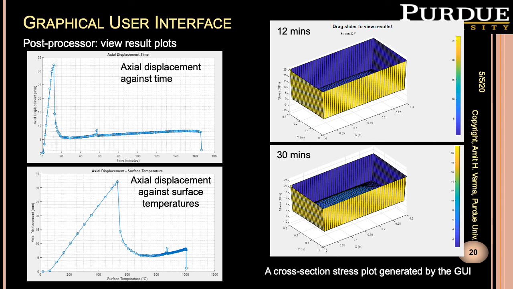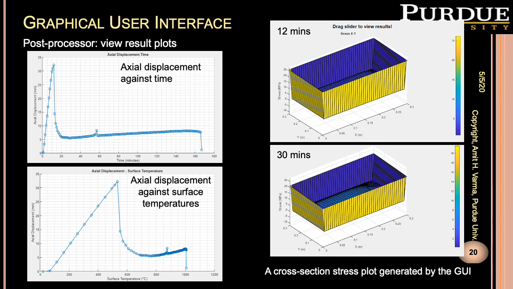Then the axial displacement decreased when the temperature in the faceplate exceeded 550 degrees Celsius. The axial displacement drop was followed by a slight thermal expansion of the concrete infill until the column lost its load-bearing capacity. The figures on the right show the generated stresses within the cross section at two time steps.